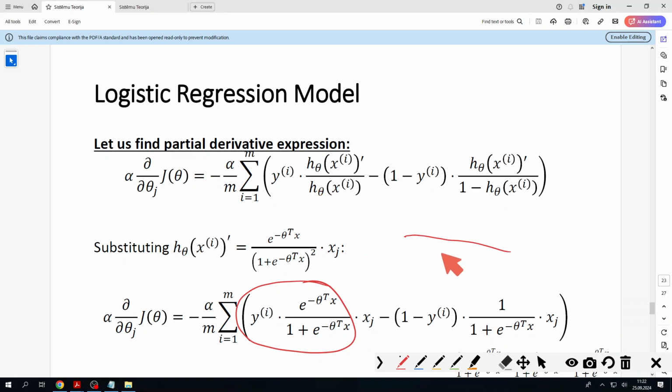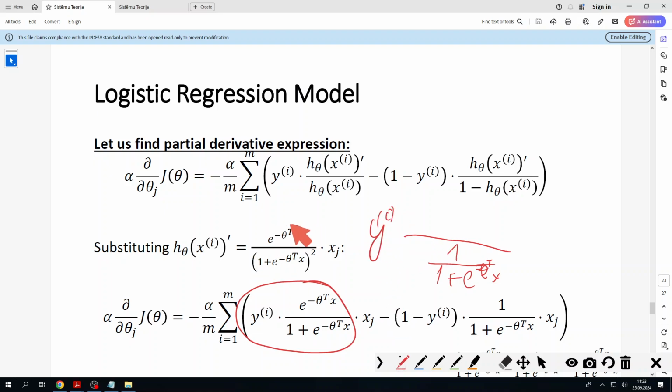My hypothesis is 1 over 1 plus e to the minus theta transpose x. I have this yi, which is a constant, and sorry, not here, but it's here.